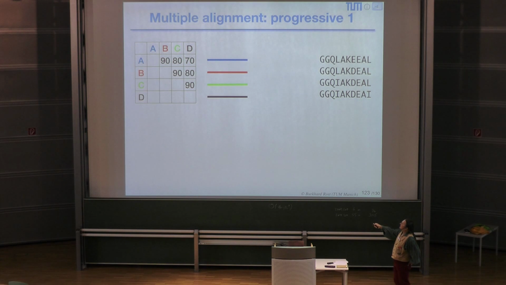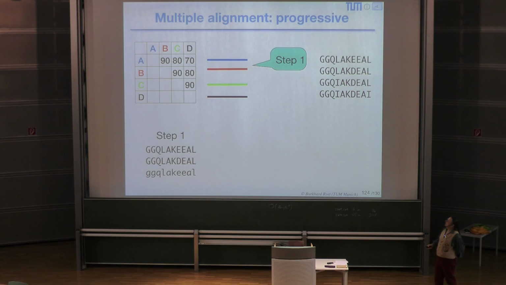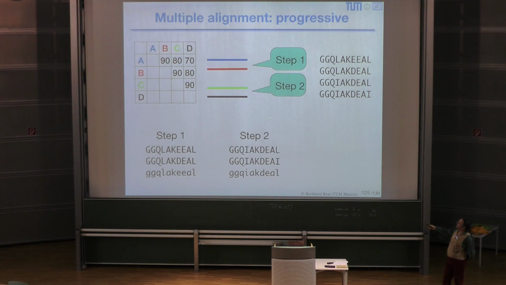So you do a set of 4 sequences here, pairwise alignment all against all the pairs. Take the matrix, and in this matrix you write down all the pair relations. Now what you do is you find the most similar pair in the first step. Say blue and red. You line these 2. And the next one, you find the next most similar pair. Green and black, and align those 2.